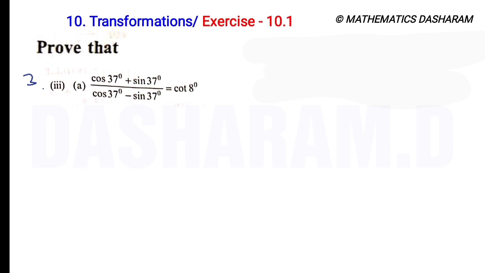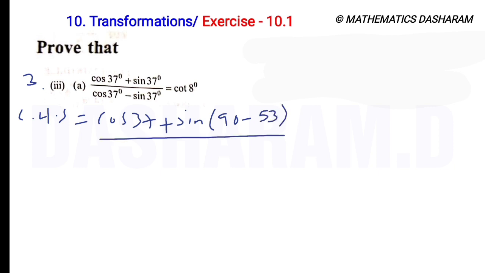Third bit, A problem, cos 37 plus sin 37 divided by cos 37 minus sin 37 equals to cot 8 degrees. See here the trigonometric ratios are different, so there is no formula for this type of ratios. That is why I am going to change the trigonometric ratios here. Plus sin 37 I am writing as sin of 90 minus 53, divided by cos 37 minus sin, here also the same, 90 minus 53.